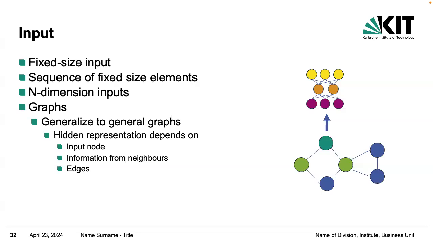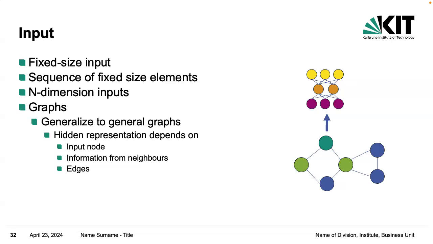Of course, things might get more difficult. Does anybody see what could be more challenging in general graphs than in the graphs we had before? Remember the fixed size information, and which sizes are known or unknown. Yes, exactly.